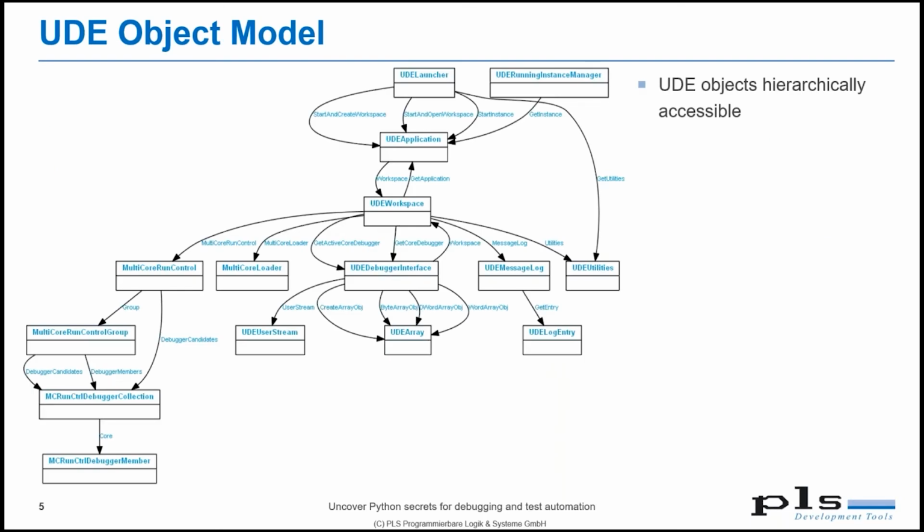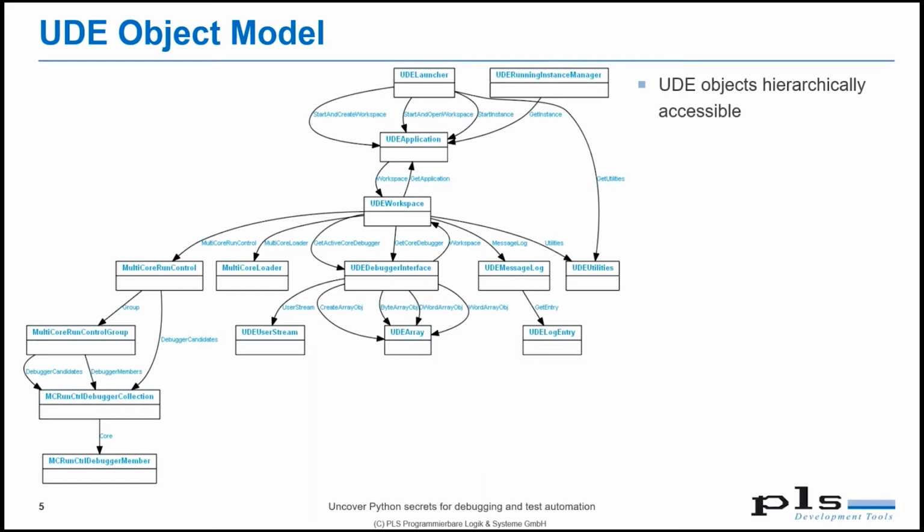In order to make sure that we fully understand how it works, I'd like to introduce some of the principles and the architecture of the UDE object model. The UDE object model is composed of a set of objects. These objects provide interfaces that give you access to almost all debugger functions.